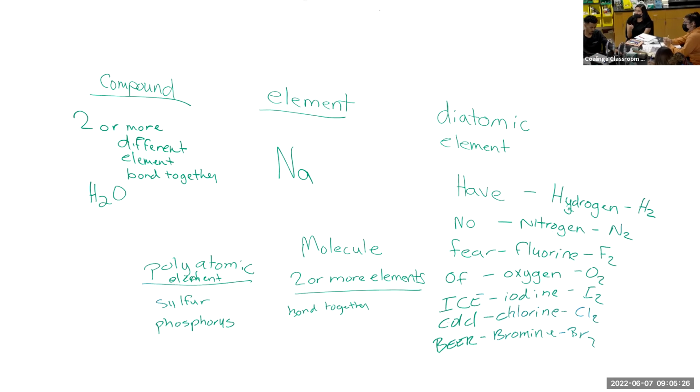Okay, is it a compound? No. So this is not a compound because it's the same element. That's right. But it is a molecule. Is this a molecule? Yes, it is. It just says two or more elements. There's 1, 2, 3, right? It has 3 elements. Does that meet the definition?